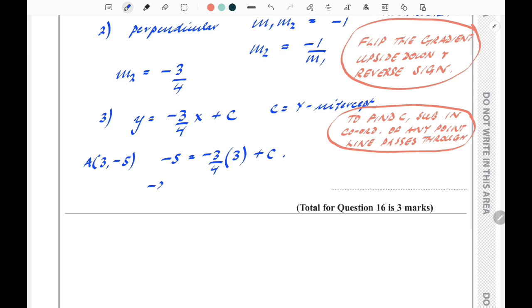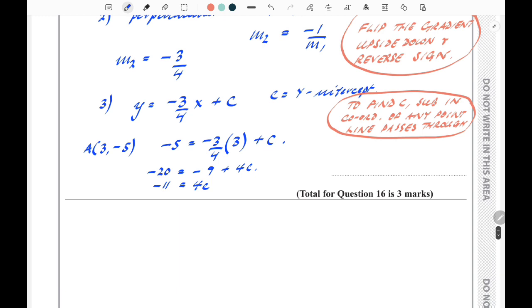So you have -20 equals -9 plus 4c, all right? And that is basically -11 equals 4c, all right? So I'm going to write just below the line, so pardon me for doing that. c equals -11 over 4, all right?